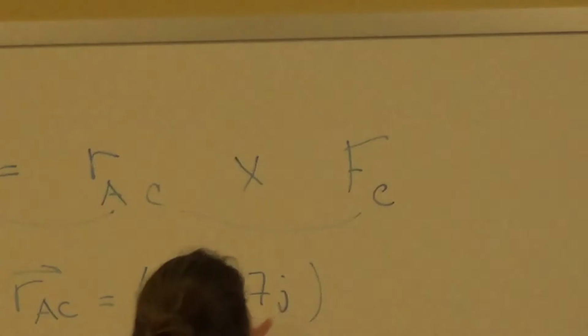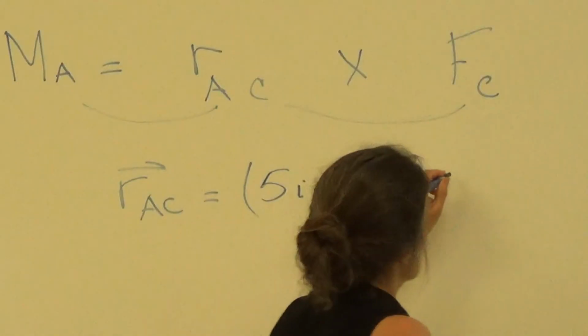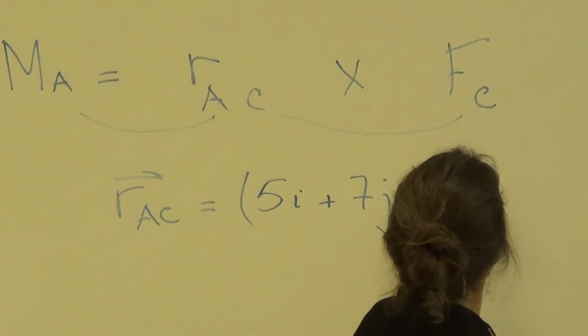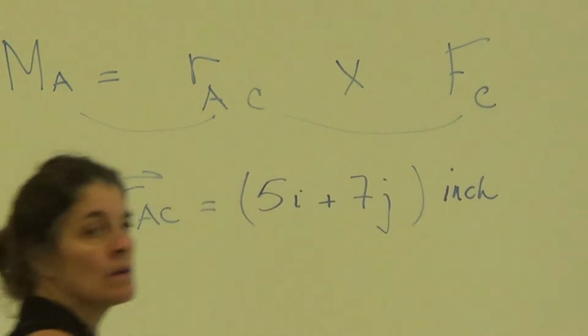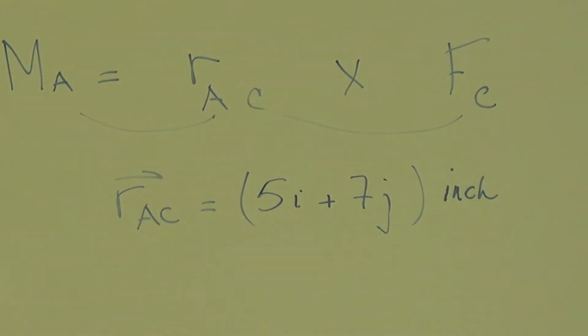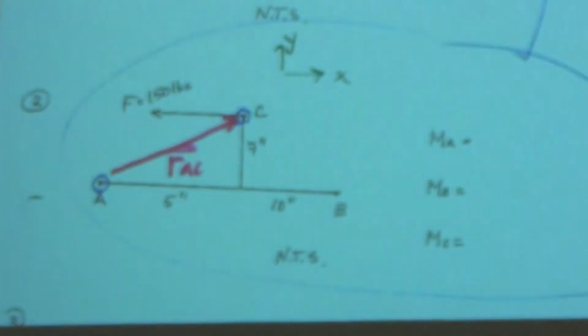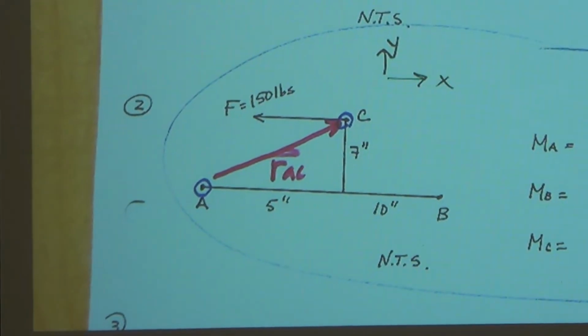Do we need any units? Inches. Everybody agree? Going from A to C, I'm going 5 in the i, 5 in the x and 7 in the j. And then what is my vector for F?